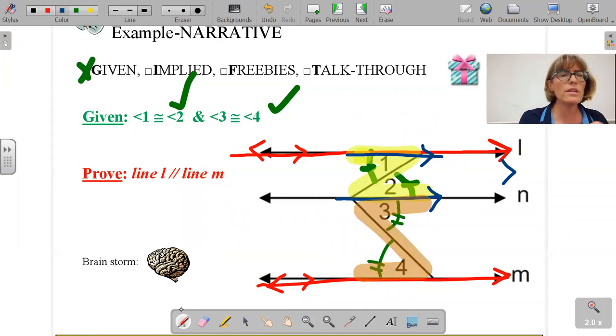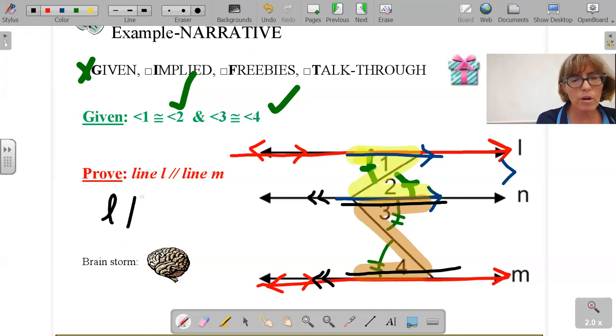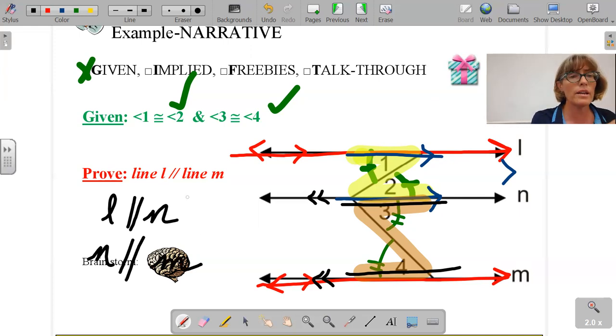That implies the fact that N and M must be parallel. Notice the double feathers. So I know that L is parallel to N. I also know that N is parallel to M. That's implied. Looky there, see that?